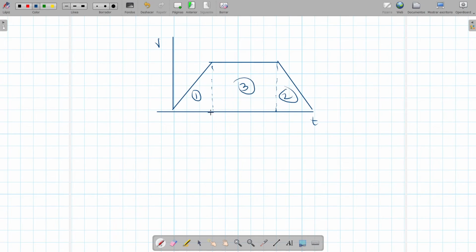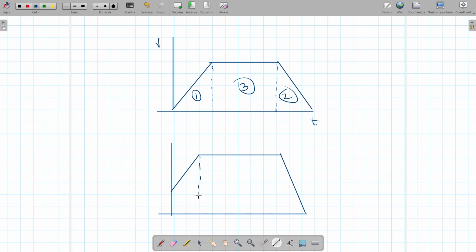Okay, we can have another case where we start with an initial velocity, for example something like this. And we have two options to calculate this area over here.